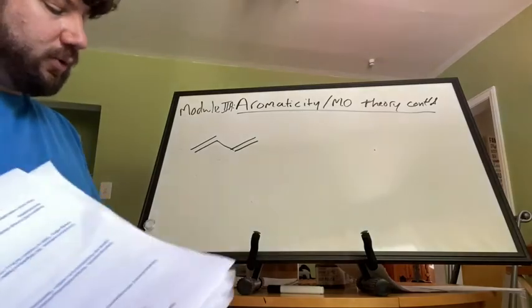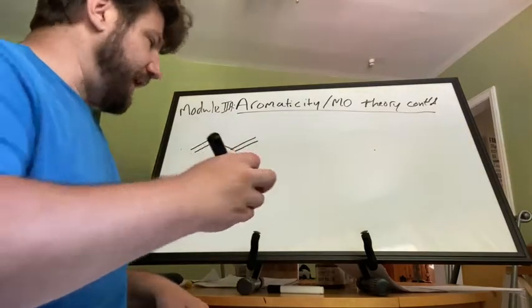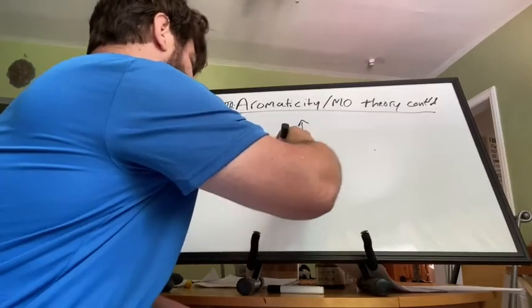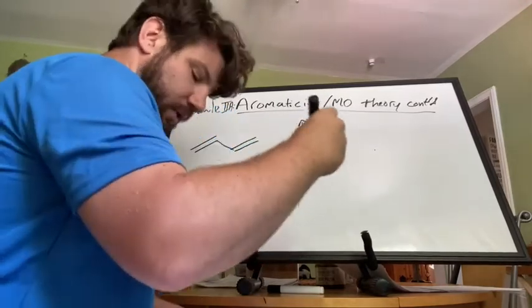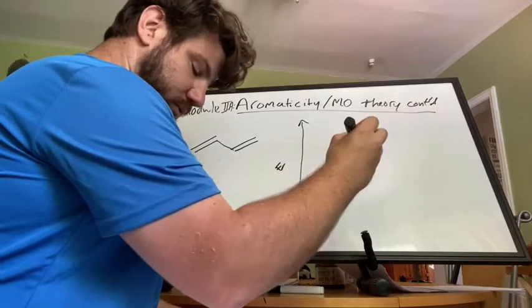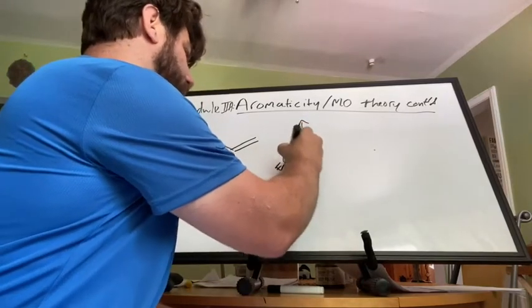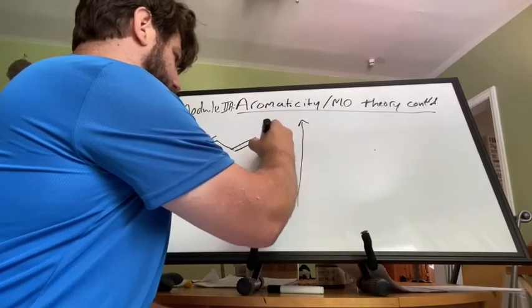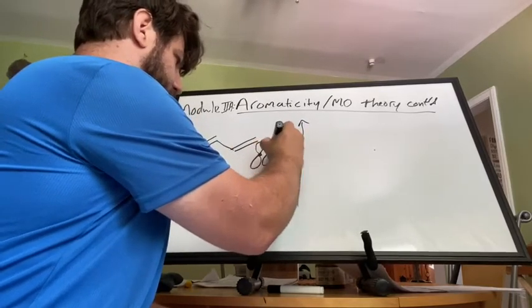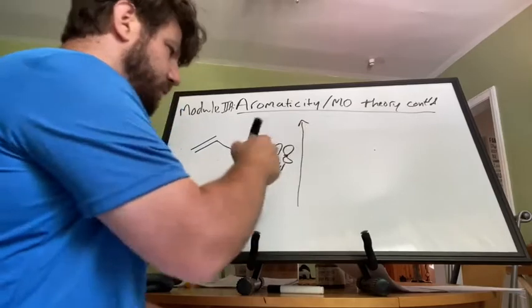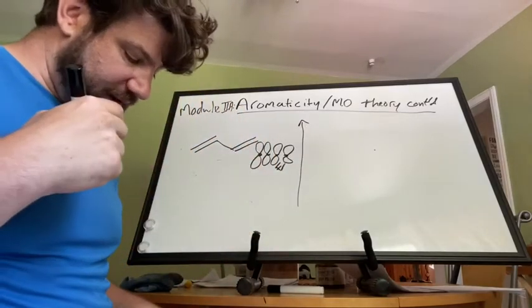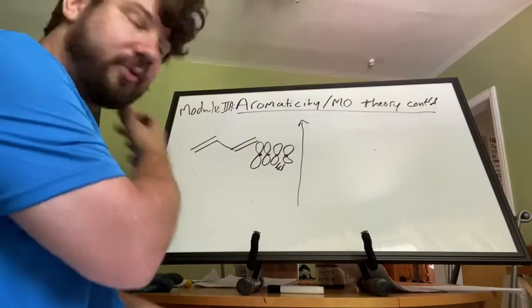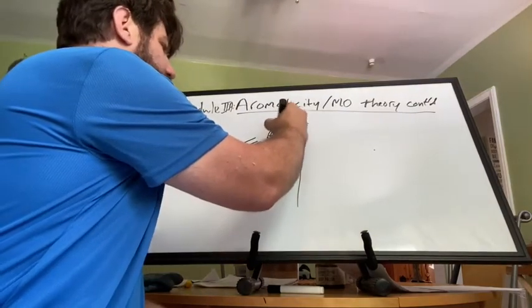Okay, so again, doing this energy diagram, there are the p orbitals there, non-interacting, right? P atomic orbitals, rather, so AOs.